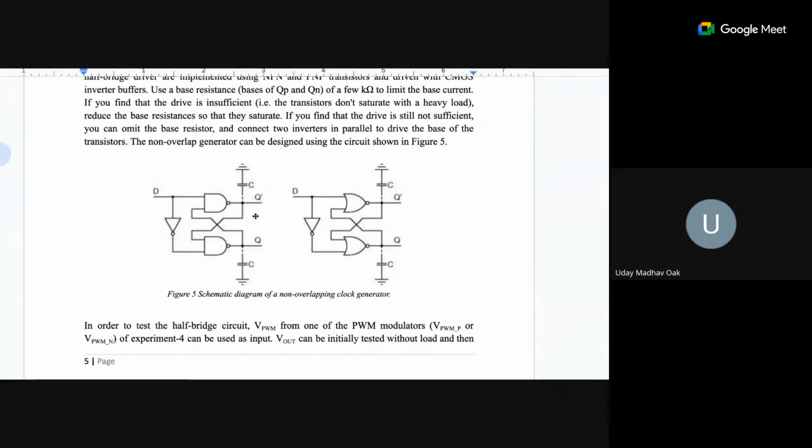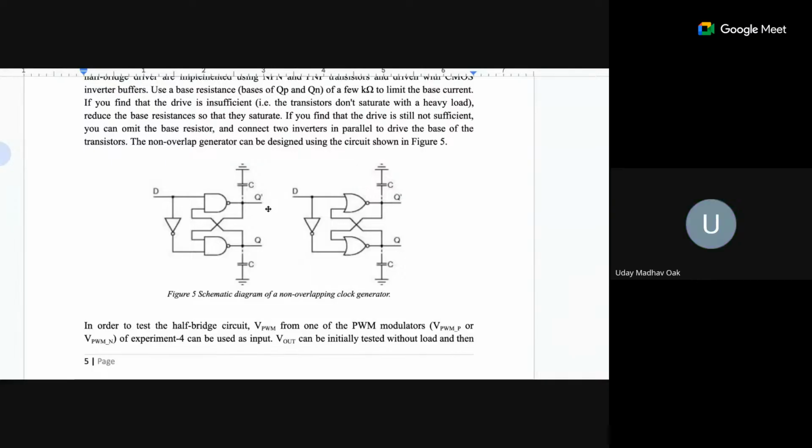What I am trying to say is, if D is 1, then Q will be 1 and Q dash will be 0, right? Yeah, you are correct.